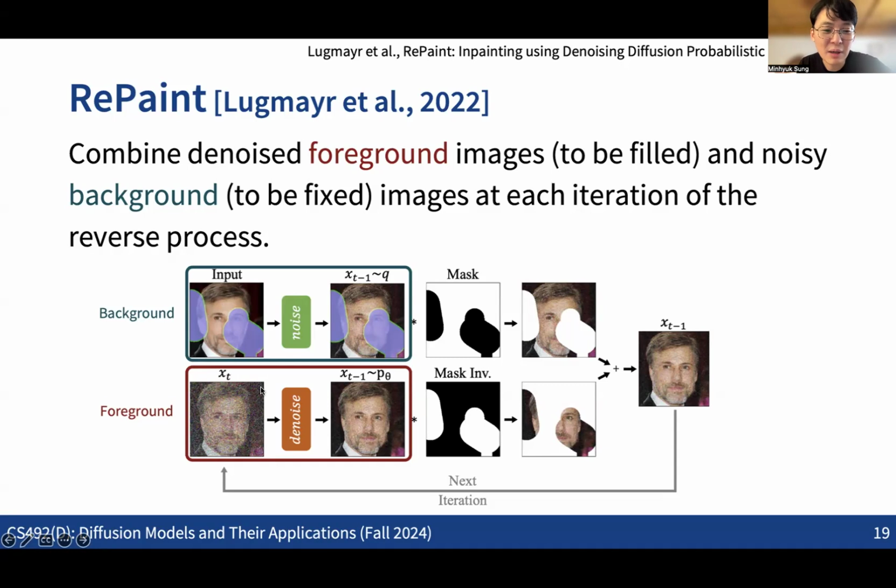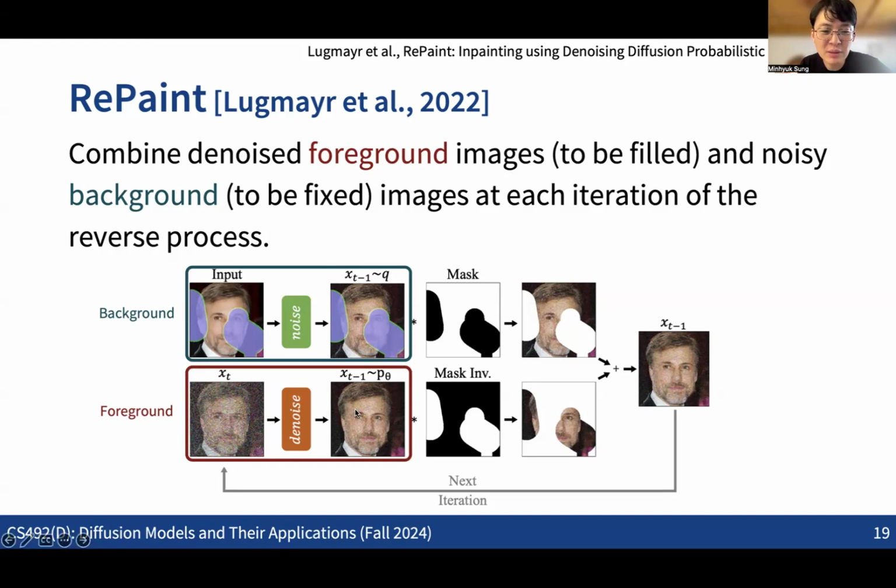At every step of the denoising, when we sample x_{t-1} from x_t for the foreground region, for the background region we also run the forward process starting from the x0 of the given input to x_{t-1}. So we are getting the same x_{t-1} sample at time step t-1.